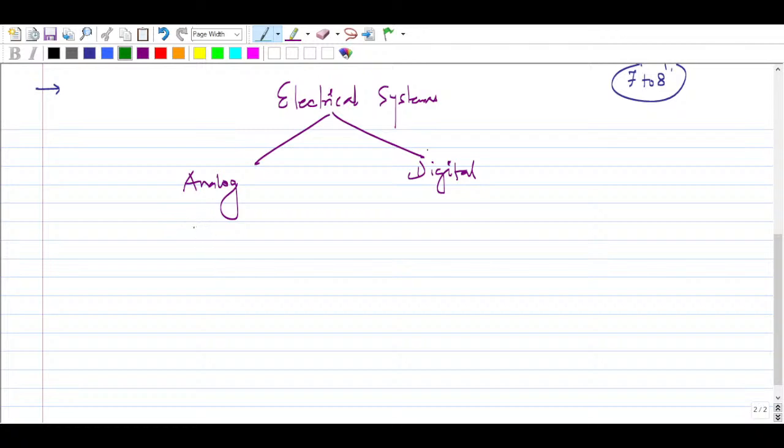The nature is analog. You can't ignore analog systems, because first of all, you will face analog things around you. Then you will have some kind of circuit or system which will convert analog to digital.